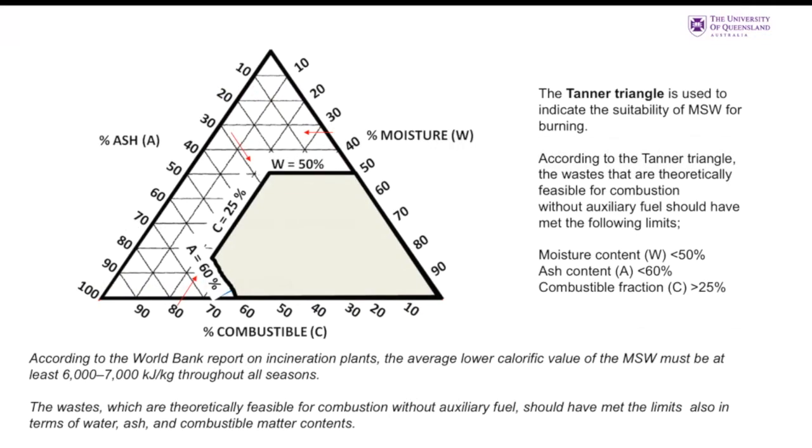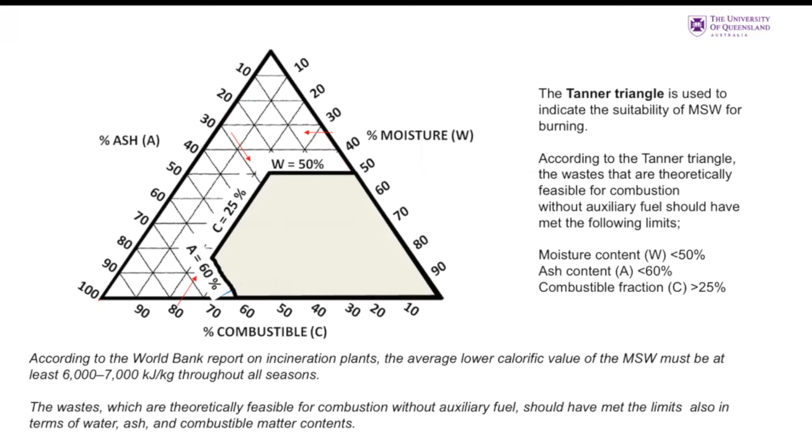According to the World Bank report on incineration plants, and also in general, the average lower calorific value of the municipal solid waste must be at least between 6,000 and 7,000 kilojoules per kilogram throughout all seasons in order to be feasible. All right.